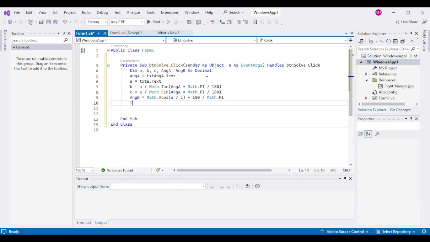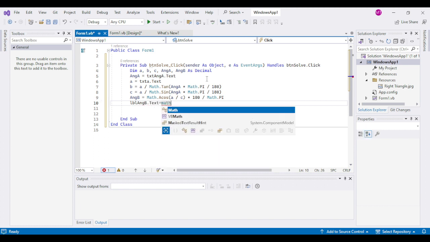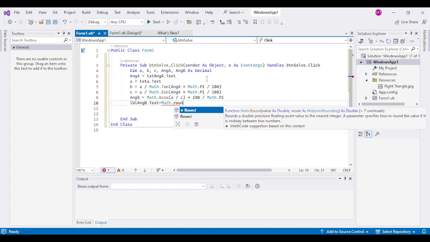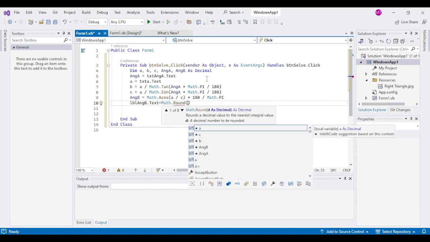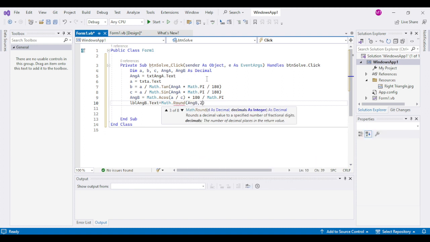Then let's put it into our labels. So we have lbl ang B. Let's start with ang B. Its text is equal to Math.Round. We have to round off our answers to 2 decimal places. This is ang B, then 2.